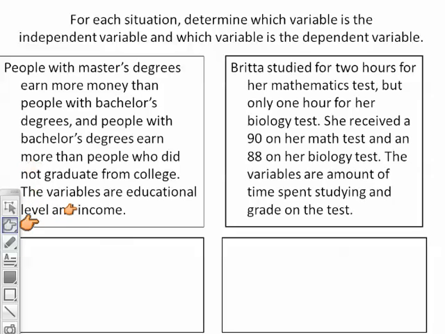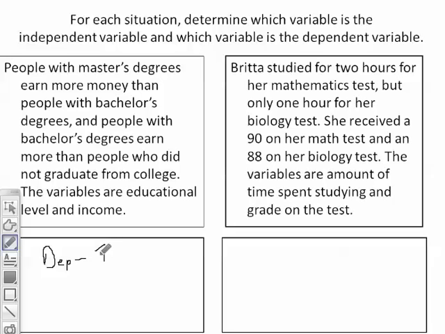So, here's the question you ask. Is the income level dependent upon the education level, or is the education level dependent upon the income? It's not talking about what it costs to go to college, it's talking about how much they earn after college. So the dependent variable in this situation is income.